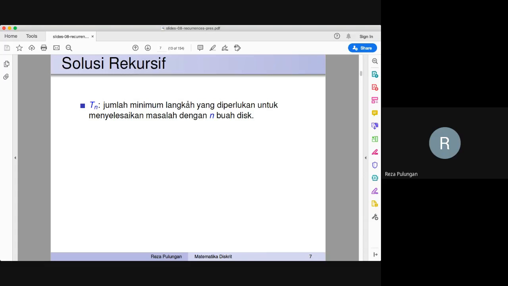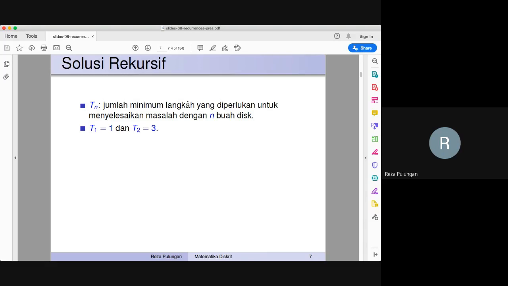Then Tn minus 1 will be the number of steps you need to solve this problem if you have n minus 1 disks. You see, so that is the idea of the function. Once you define it, you can define it for any n that you like.